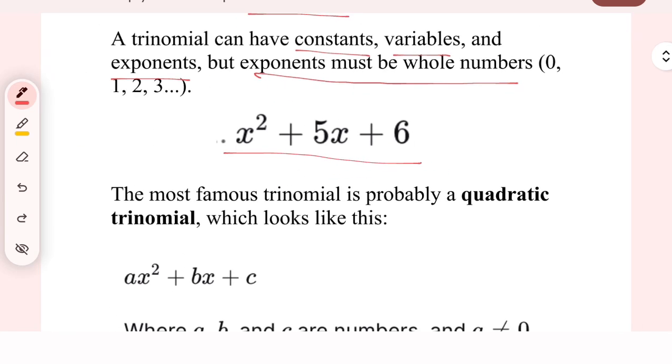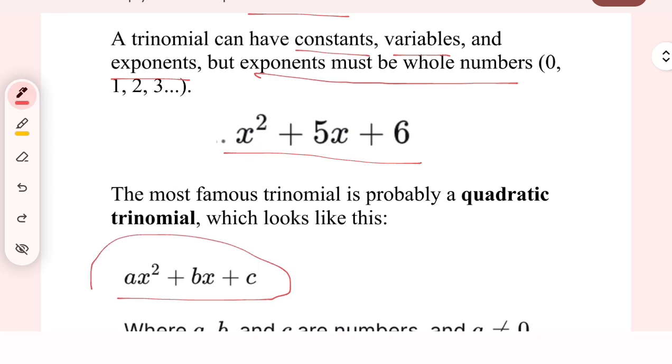So the most famous trinomial is probably the quadratic trinomial. When you use the quadratic equation, the polynomial that you use is actually a trinomial, like this one. This is the quadratic form.